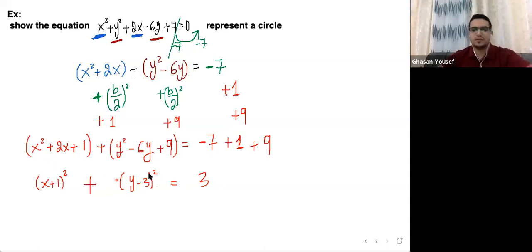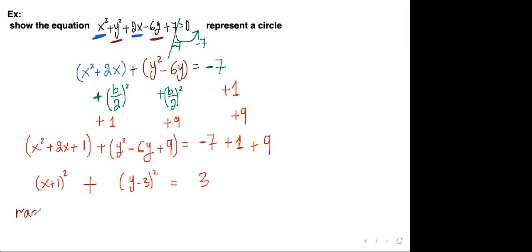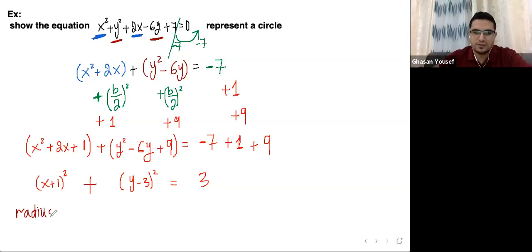This is similar to the circle equation. What is the radius now? The square root of 3. Radius is the square root of 3. This is correct. What is the center?